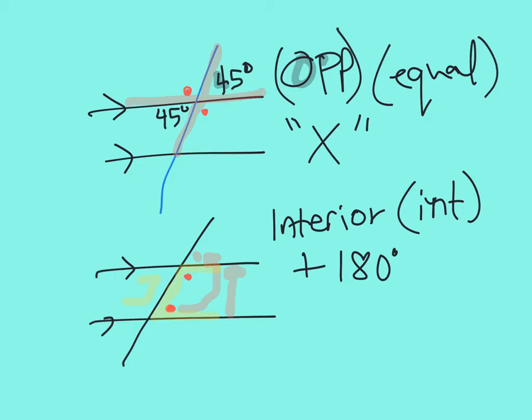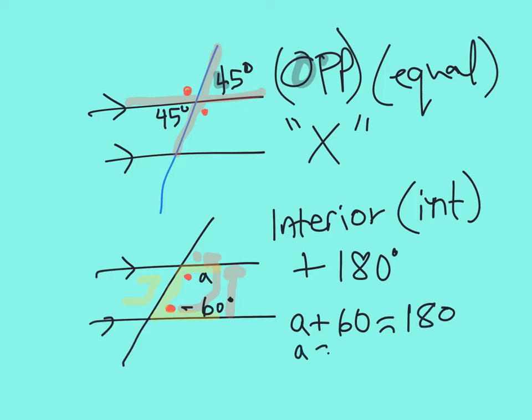75, okay? If we want to look at this one and say, well, if this is 60 degrees, I might give you that as an angle that's labeled, and I might say find angle A. So you're going to do A plus 60 equals 180, because you know they add up to 180.